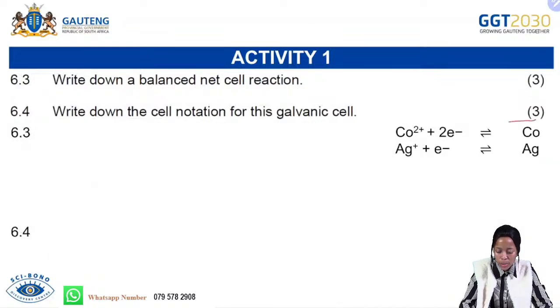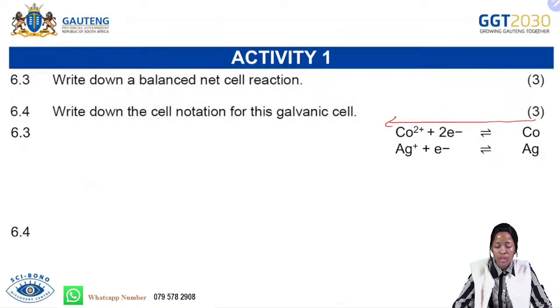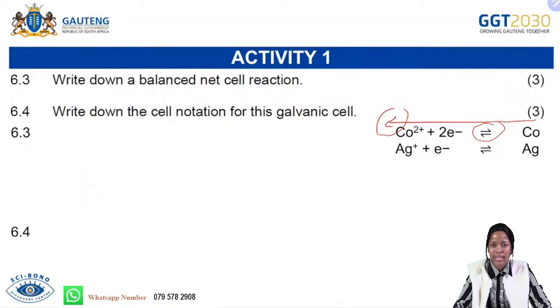Remember we said that the oxidation half reaction, we are going to write it from the right to the left. And then very important, on the table, it's going to appear with what? It's going to appear with the 2 arrows there. So you need to make sure that once you have now decided that this is my oxidation half reaction, what is it that you are going to use? You are going to use a single arrow.